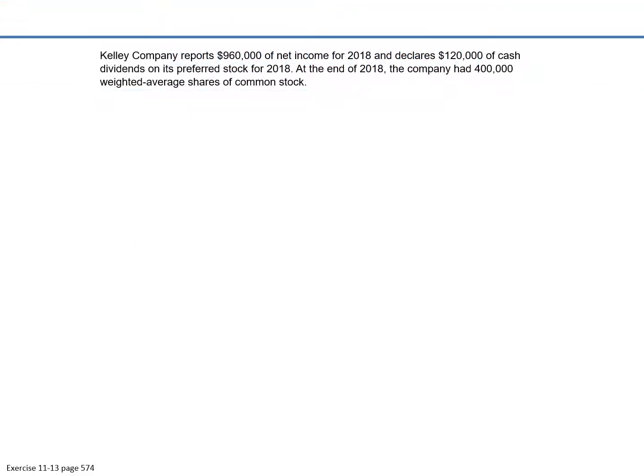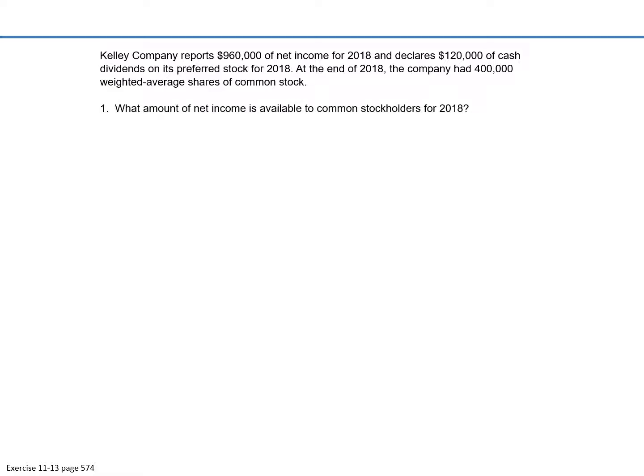Exercise 11-13. Kelly Company reports $960,000 in net income for 18, declares $120,000 of cash dividends on preferred stock, and had 400,000 weighted average shares of common stock.